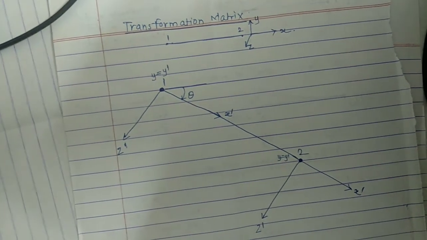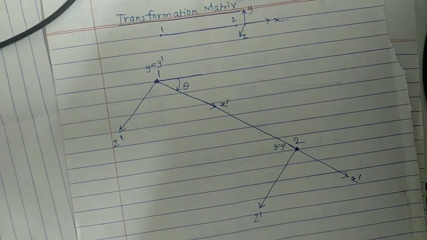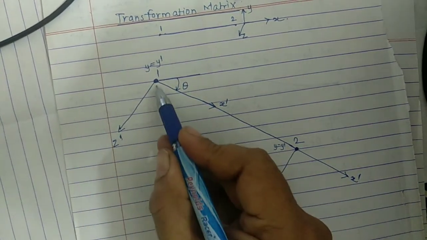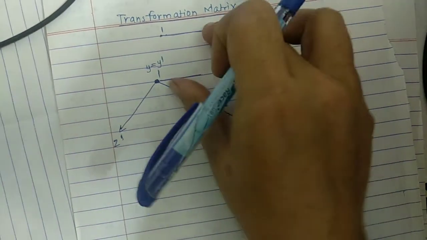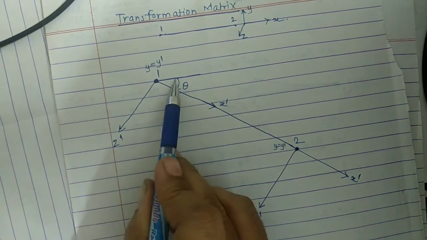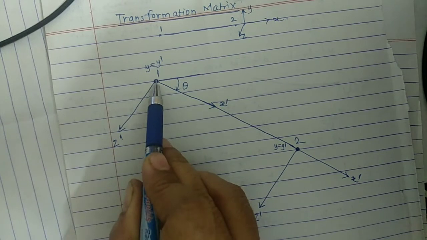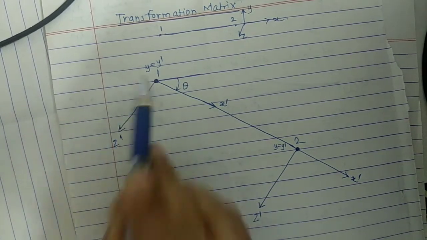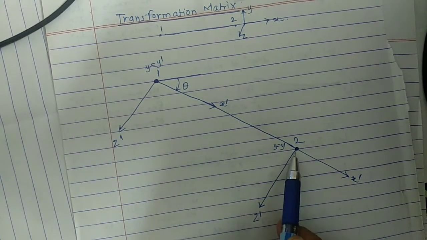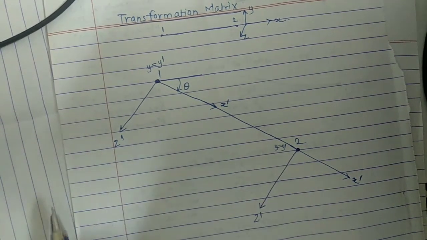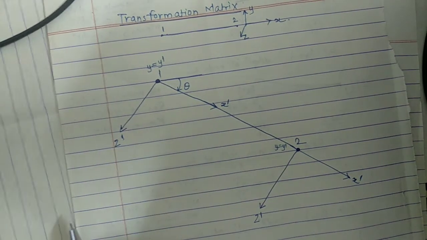Local is covered: x dash along the member, and perpendicular to that, rotated in the clockwise direction, is the z dash axis. The y dash axis is here, the vertical axis. That's why we have shown it just with a point and given the name there. Now global.